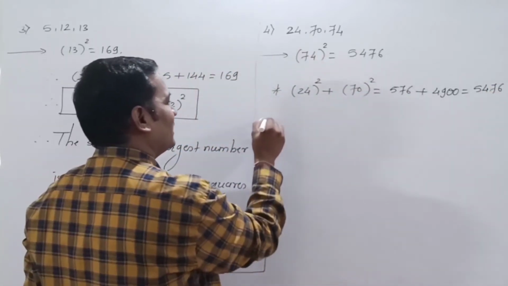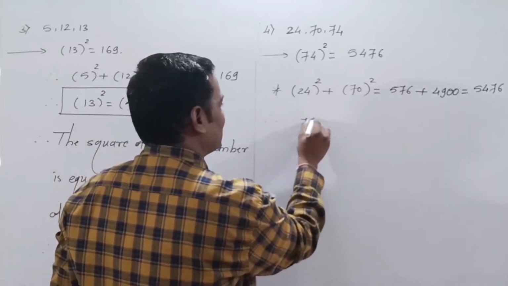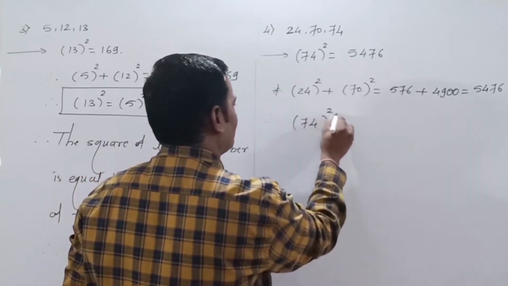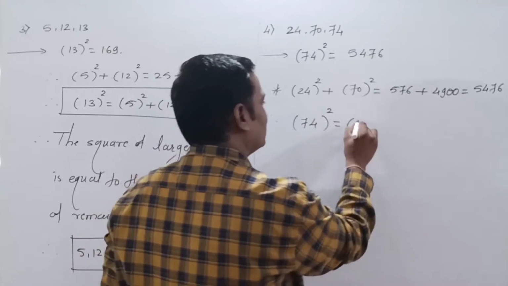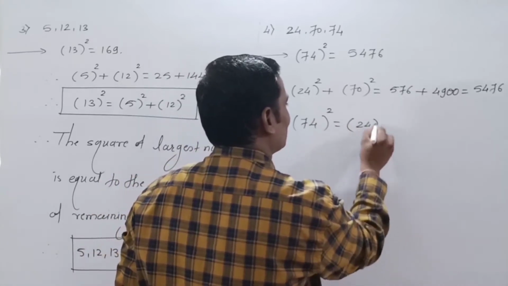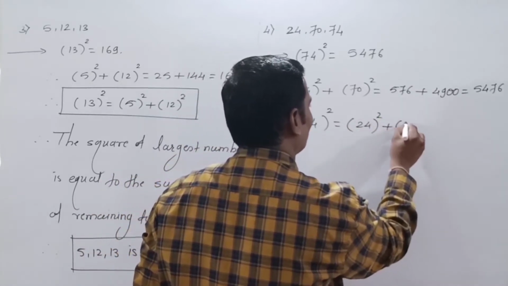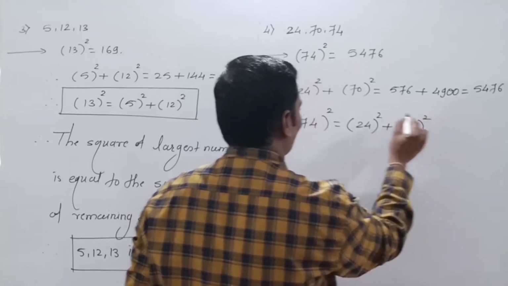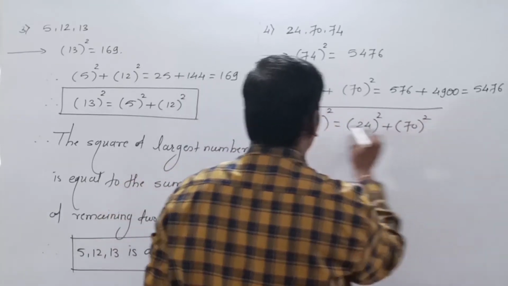So therefore we can say here 74 whole square is equal to the sum of the squares of the remaining two numbers. And which are the remaining two numbers? 24 and 70.